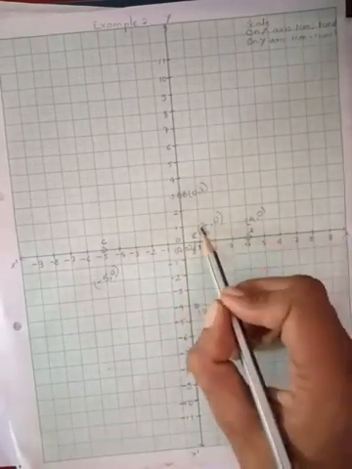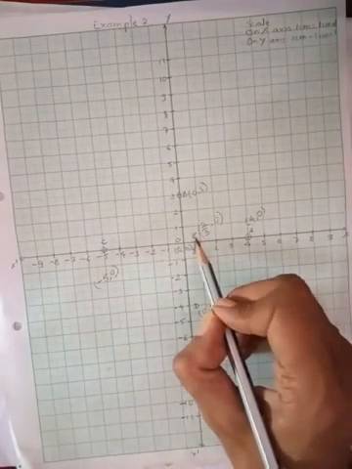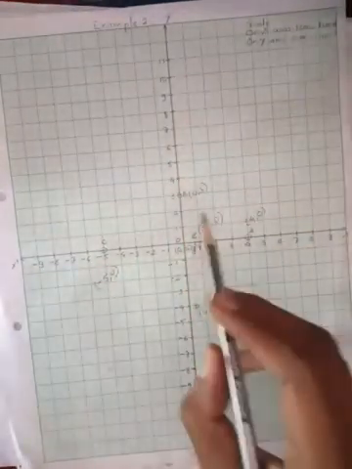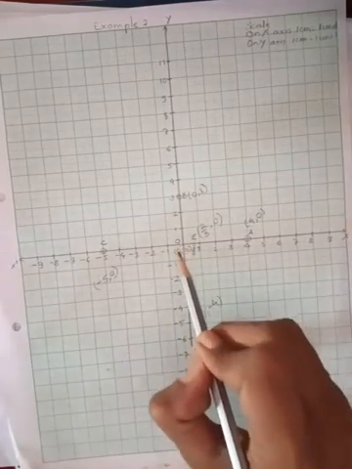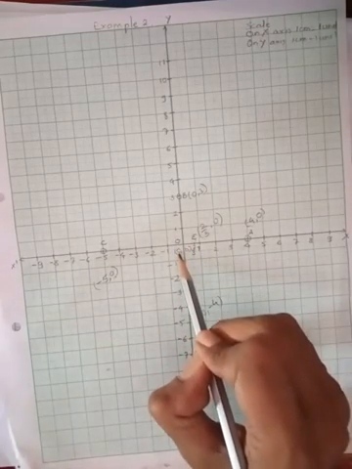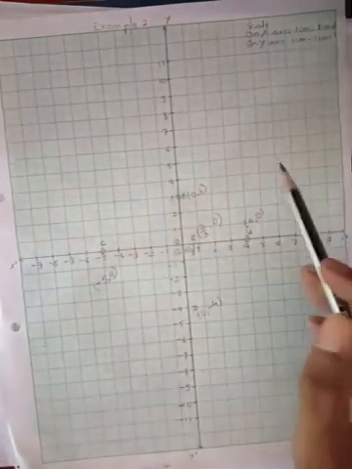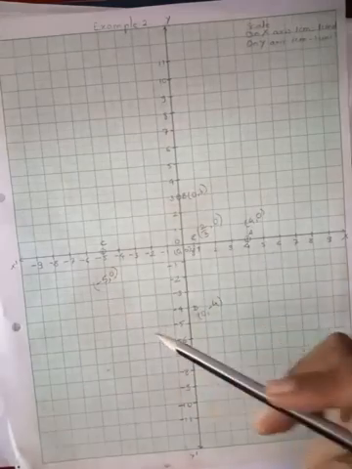It means 2/3, 0 are the coordinates of E, and we have already studied that wherever the two axes meet, that point is called the origin. So this point is the origin and the coordinates of the origin are 0, 0. So here we have written the coordinates of all the points given or asked in the questions.